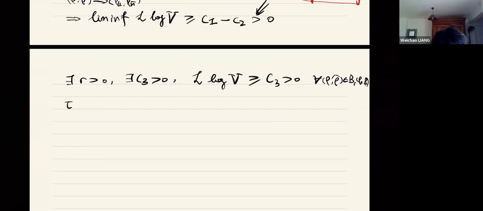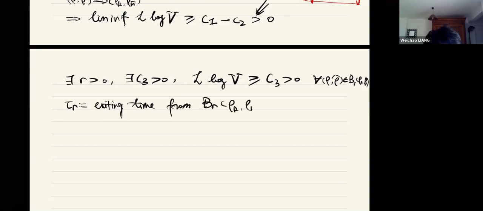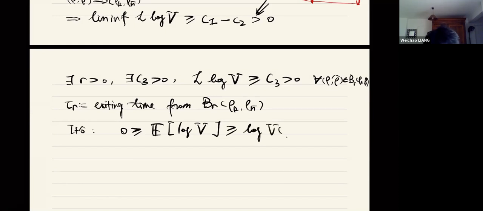And then we define the stopping time, the first exiting time from this neighborhood, the exiting time of rho K from the neighborhood. Just by applying Ito's formula, we have log V larger than log V at 0 plus C3 times the expectation of the exiting time.